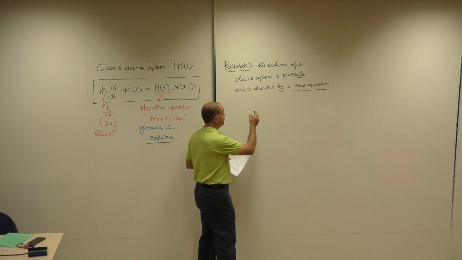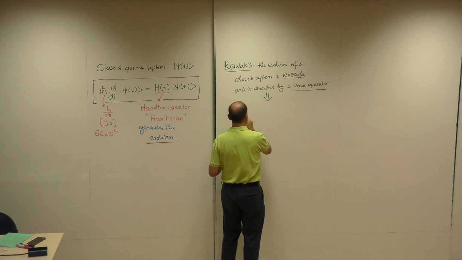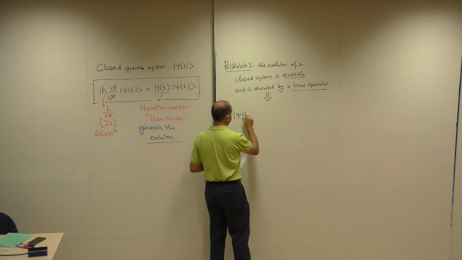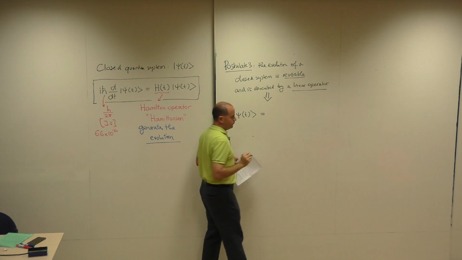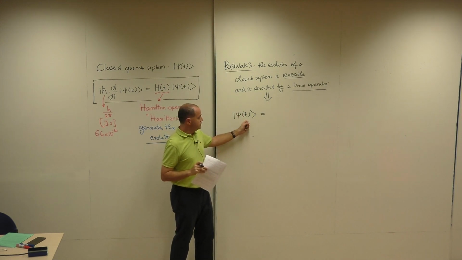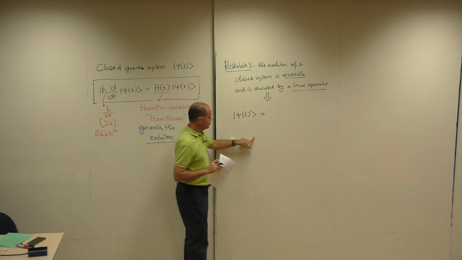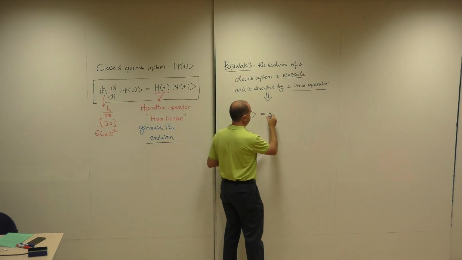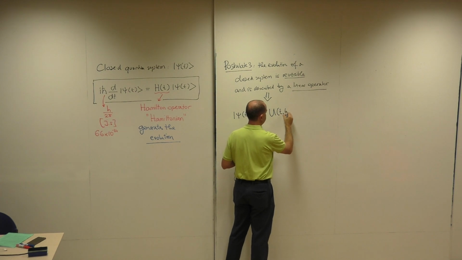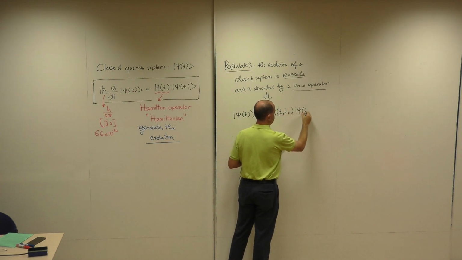And now, this postulate implies that there is a kind of closed form for the psi of t. So this is a differential equation. This must be solved. In principle, there would be a closed form for the psi of t that is of this type.